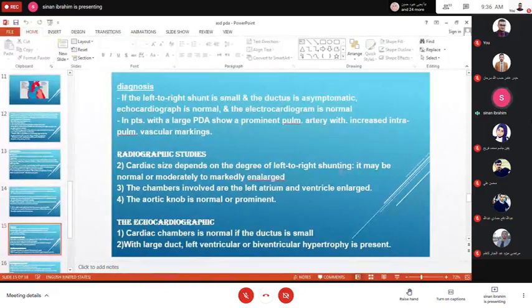It may be normal if the PDA is small, or moderately to markedly enlarged if the PDA is large. Also, if the PDA is large, the chambers involved are also large, like the left atrium and the left ventricle, and the aortic knob will also be prominent.